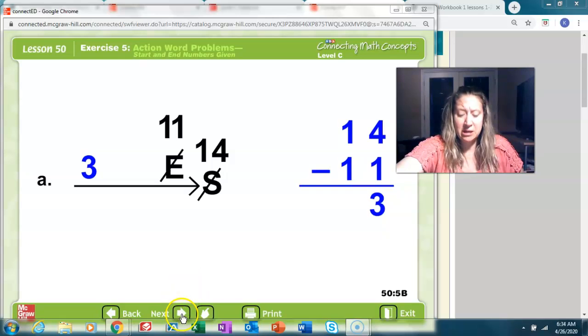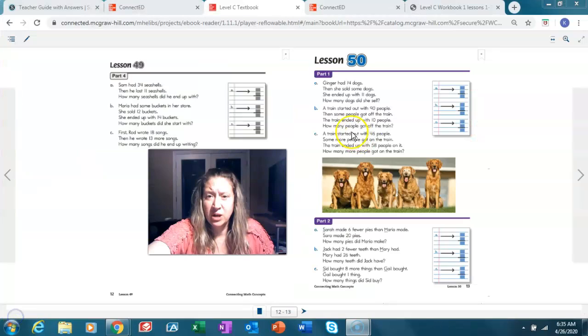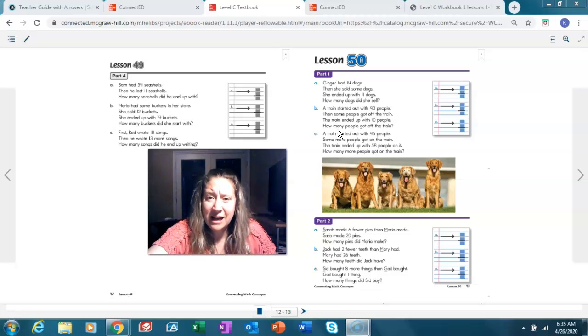Let's do B together. Looking at problem B, oh, I don't have that on here. So here is problem B. I will read that to you. A train started out with 90 people. Then some people got off the train. The train ended up with 10 people.